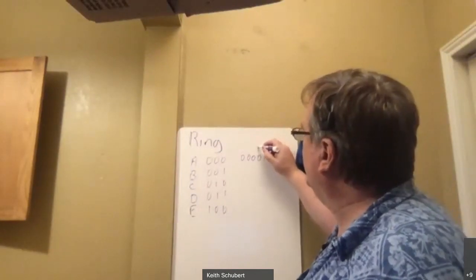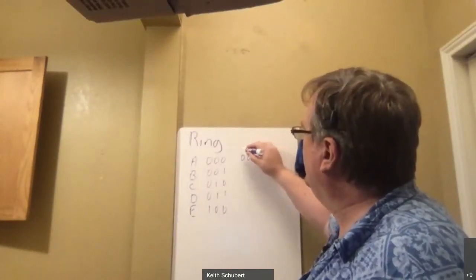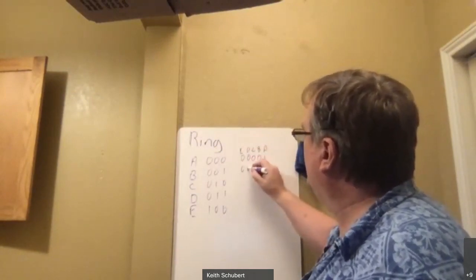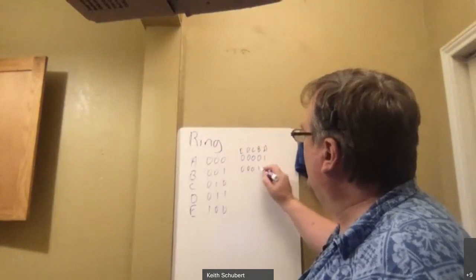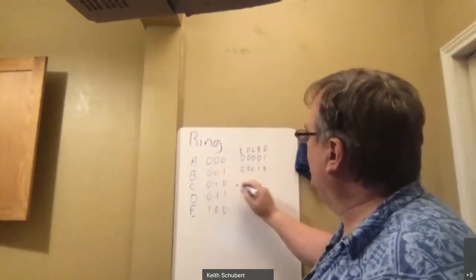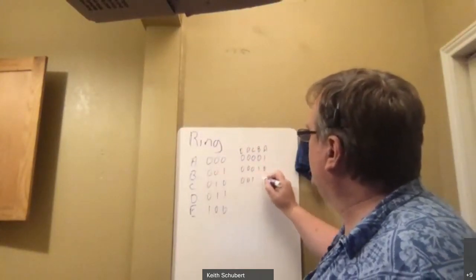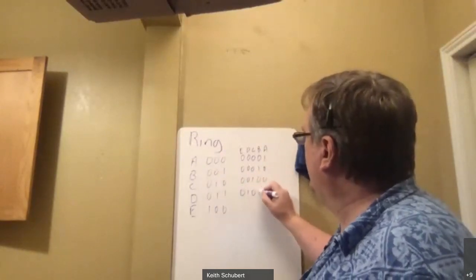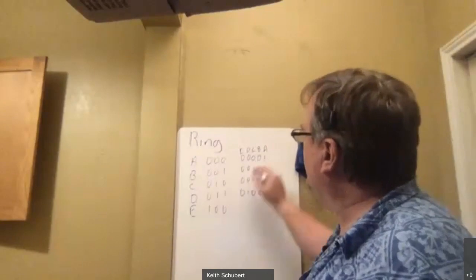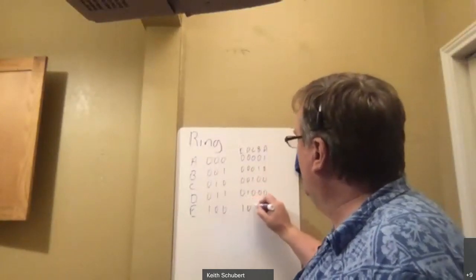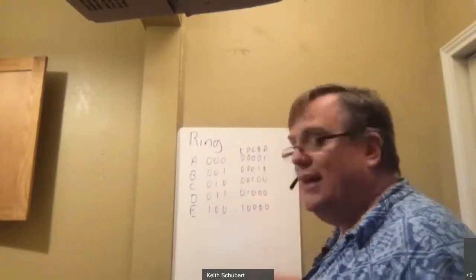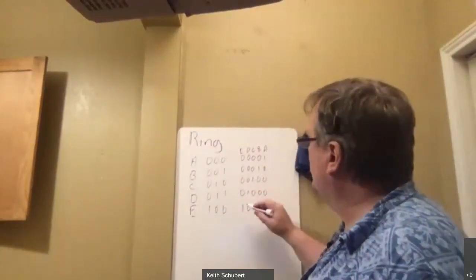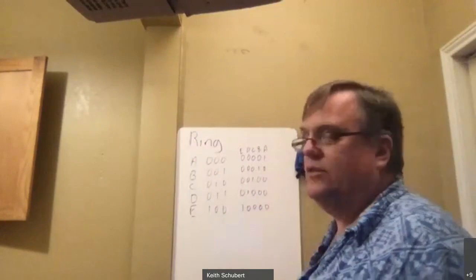This is my A state, then B, C, D, E. The B bit is on if I'm in B, C is on if I'm in C, D is on if I'm in D, and E is on if I'm in E. I never allow 2 of these bits to be on, so only one of these is active at a time.